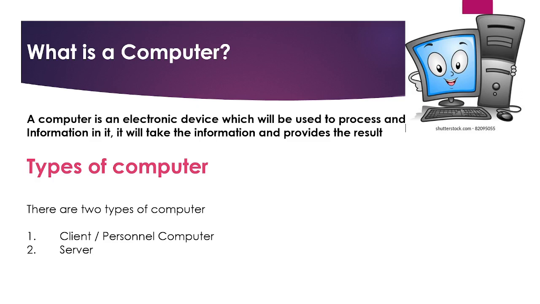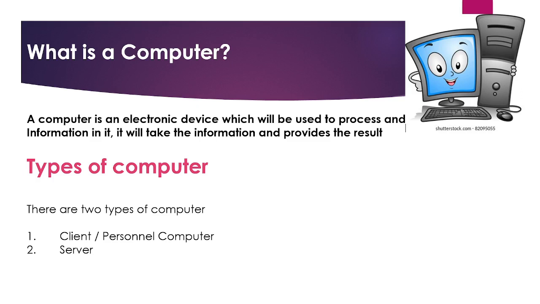Generally, a computer is an electronic device which is used to process some data and provide some output. It takes some input, processes that information, and then displays it as an output. That is the work of a computer. Then there are two types of computers, guys.